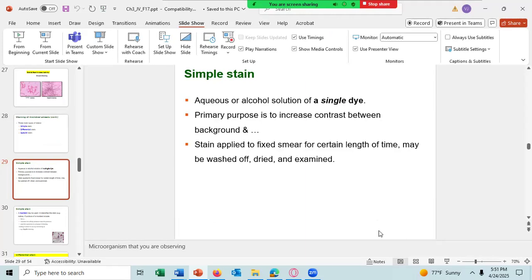The primary purpose of a simple stain, meaning a simple single stain, is to increase the contrast between the cell and the background of the slide. This stain is applied to a fixed smear for a certain length of time. You then dump the stain off. It may be washed off, dried, and then examined.